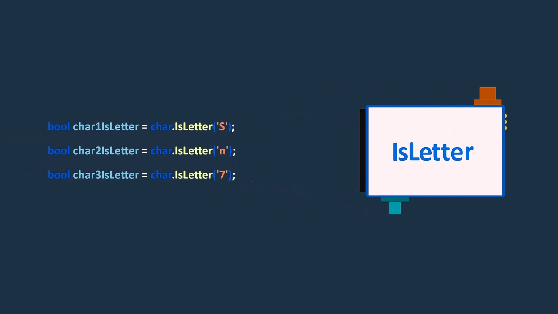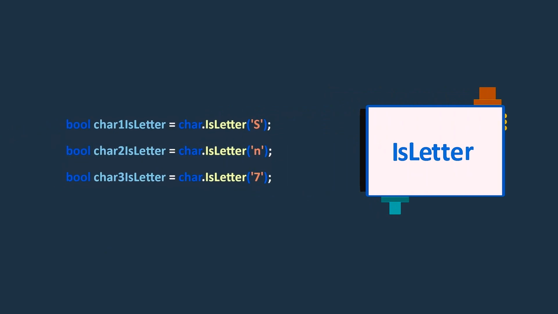Let's take a look at some examples of how to use this method in practice. In the first example, we provided the uppercase letter S as an input. Next, the method verifies whether the input character is a letter or not. And then, the character is identified as a letter, so the method returns a true value.